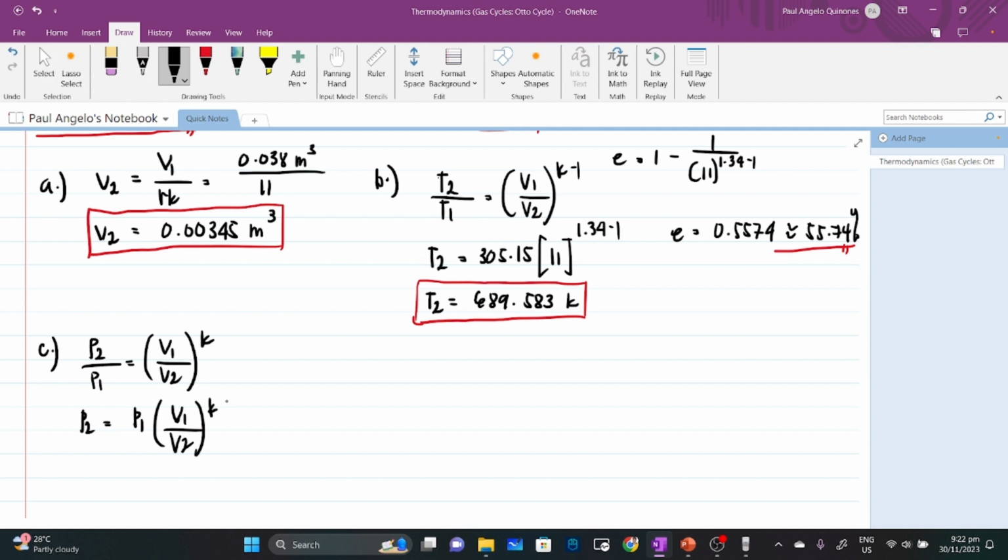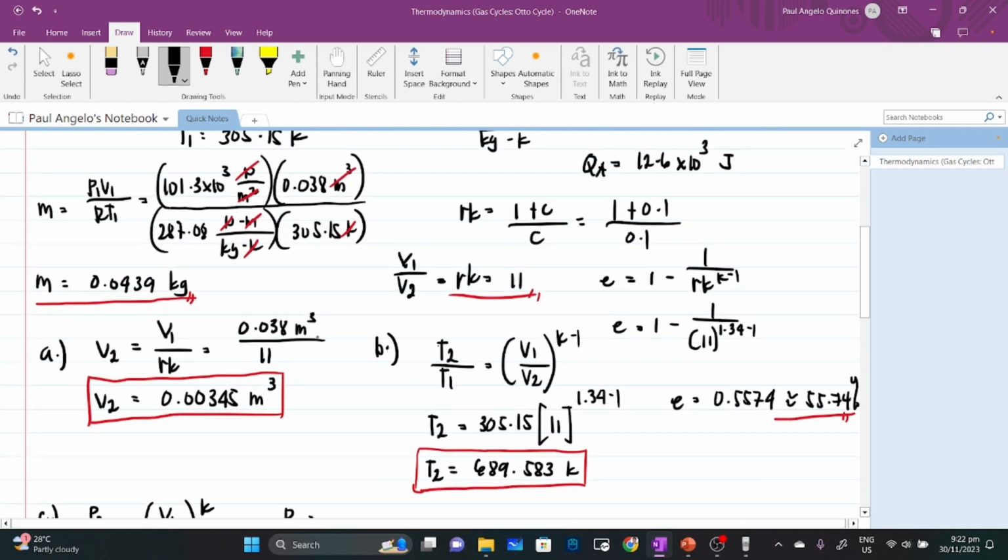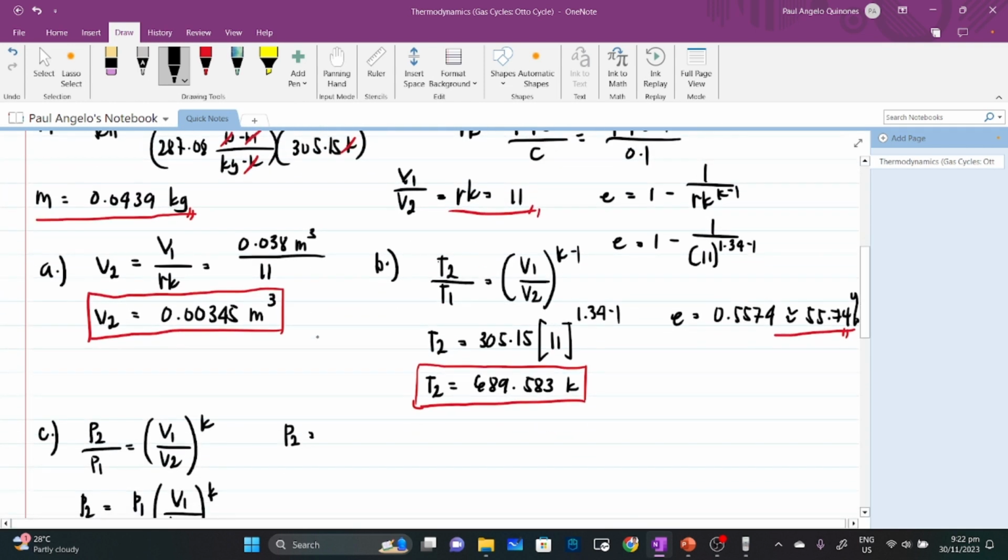So, let's write it here. P2, what is the magnitude of P sub 1? 101.3 kilopascal times V1 over V2, that is our compression ratio, raised to 1.34.